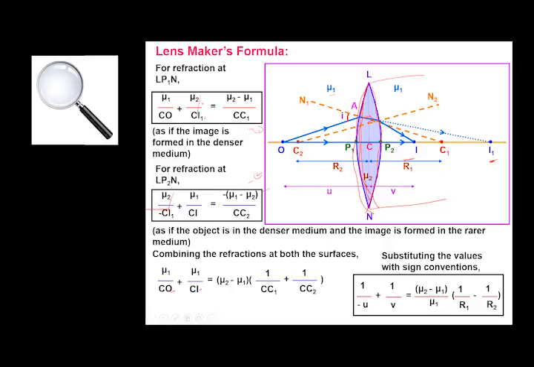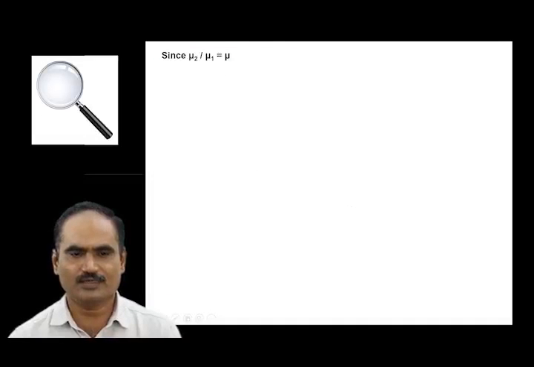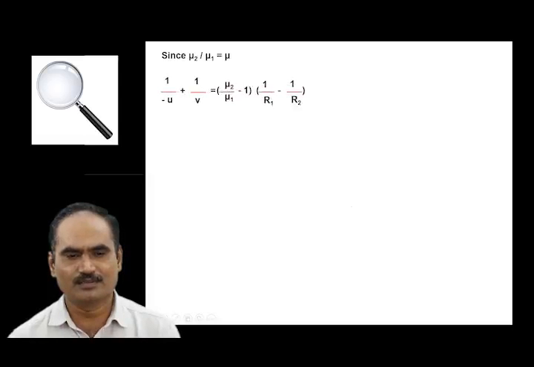So 1 by infinity is 0, 0 plus 1 by f, you will get this equation, right? So here mu2 by mu1 is equal to mu. Otherwise, sometimes it is also written as mu2 with respect to 1, right? So then our equation can be written like this: 1 by minus u plus 1 by v is equal to mu2 with respect to 1 minus 1 into 1 by r1 minus 1 by r2. Same thing you can write in this manner also.